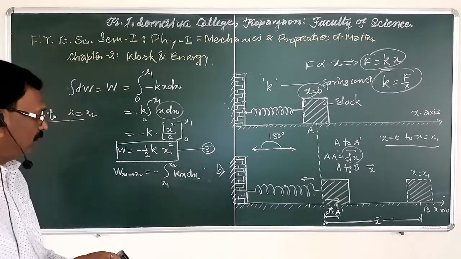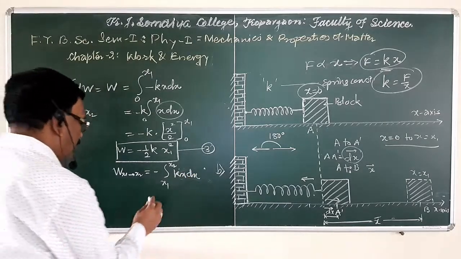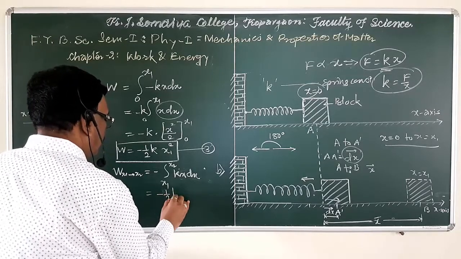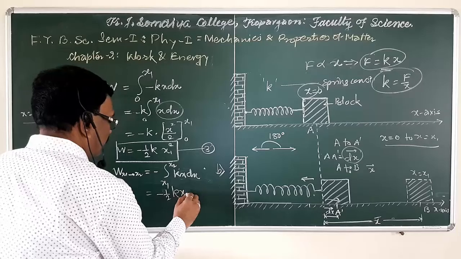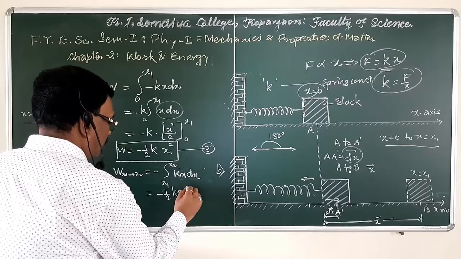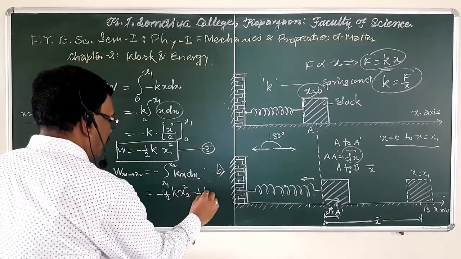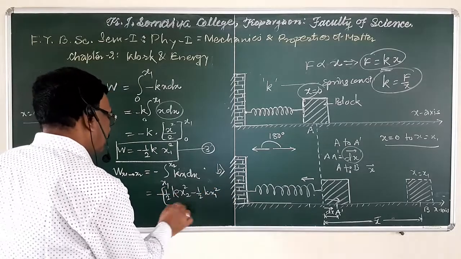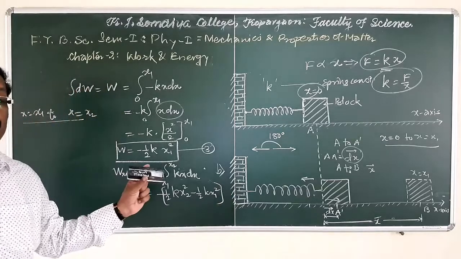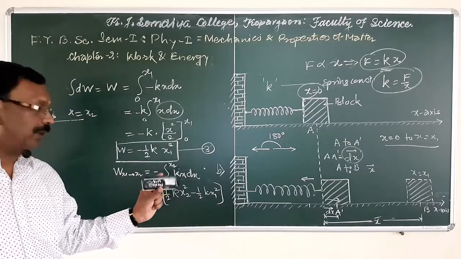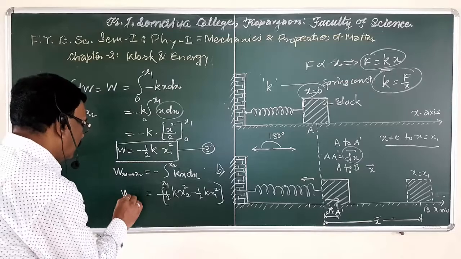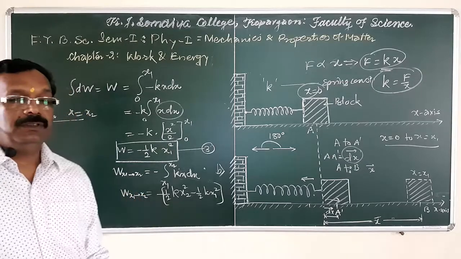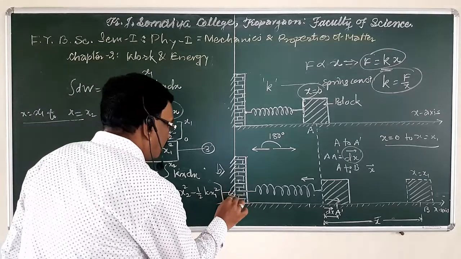Again solve this integral. We have minus 1/2 k x2 square minus 1/2 k x1 square. This is the work done when the block is moving from x1 to x2. Suppose this is equation 4.